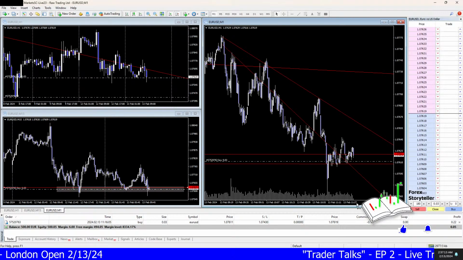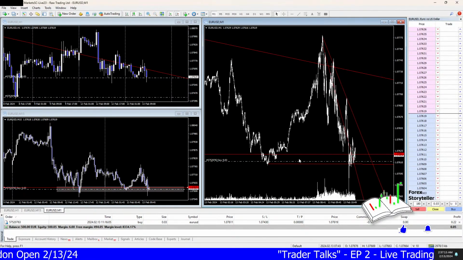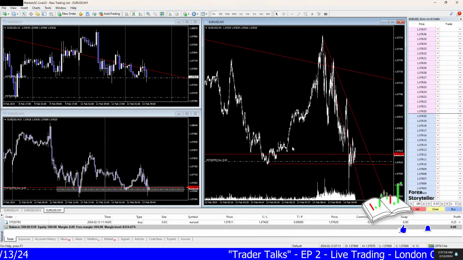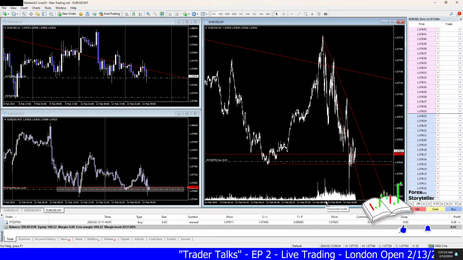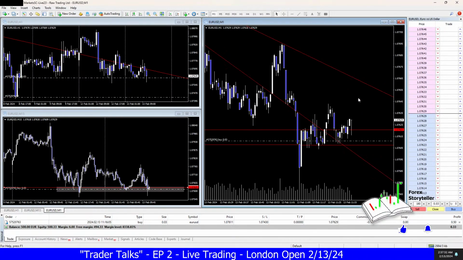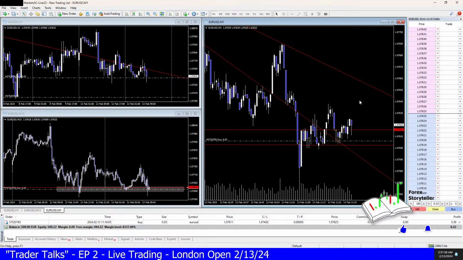It's about a 20 pip move down. And up. At the low of the day, we broke that low and retracing back up. Starting to get a little bit of a pin. 1 minute chart though. 23 seconds to the close.